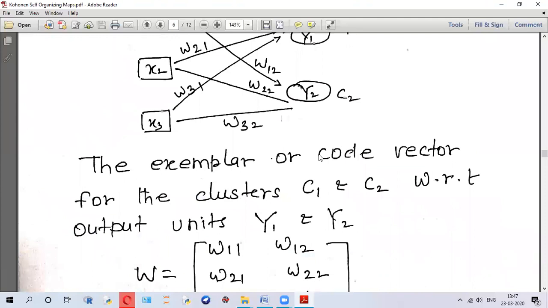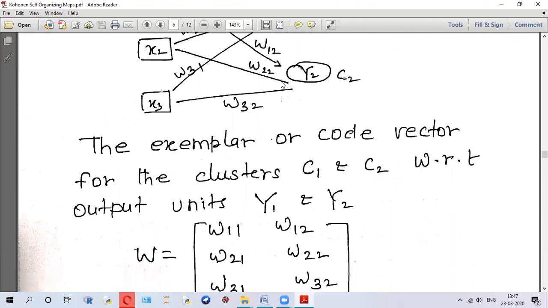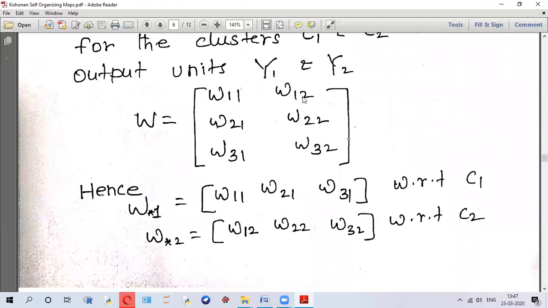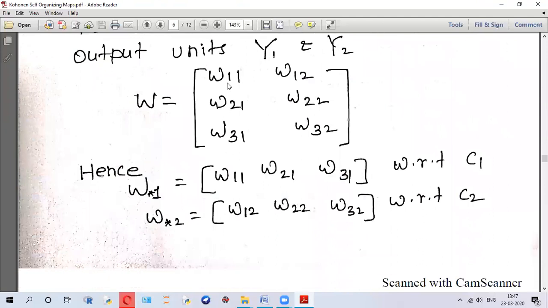So the exemplar or the code vector for the clusters C1 and C2 in this example can be defined in this way, right? Where the weights W11, W21, and W31 would correspond to the cluster C1, and similarly the weights W12, W22, and W32 would correspond to the cluster C2.